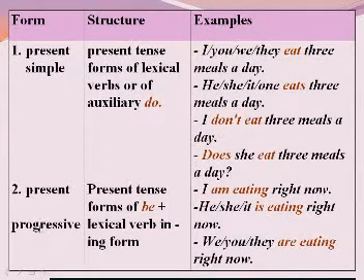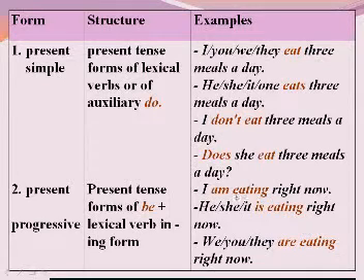As for the present progressive or present continuous tense, we have the present tense forms of the verb to be plus a lexical verb in ing form. This is very important. For example, I am eating right now.